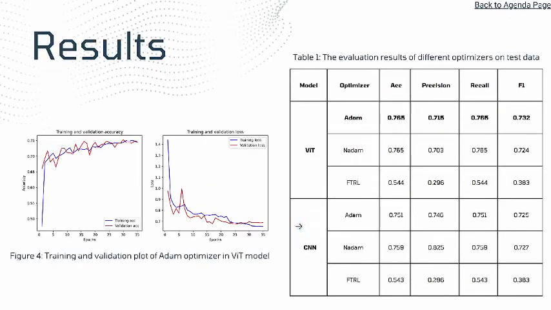And we got these results for each and every parameter and different optimization on test data, and the training and validation accuracy, as we can see here, with the first 35 epochs, and the training and validation loss, comparing the train and validation data for the loss as shown in this figure.